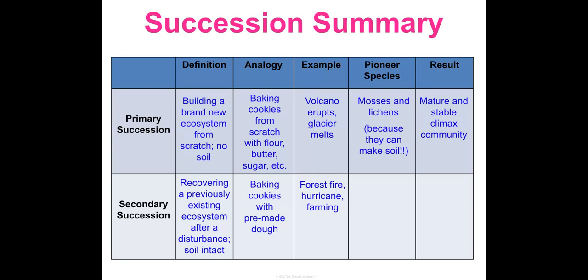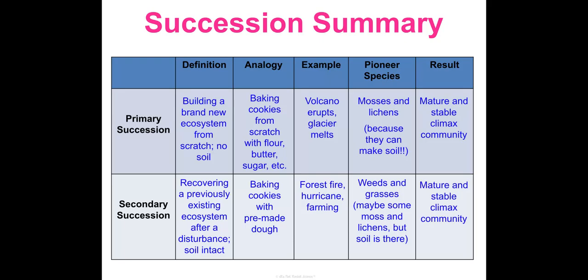An example of when this happens is a fire, I think, the best example, but also a hurricane or if somebody levels out an area for farming. The pioneer species in this case would be weeds and grass, but you might have some moss and lichen, but we have soil. And again, a mature and stable climax community is the end, and that is the end of this lesson.